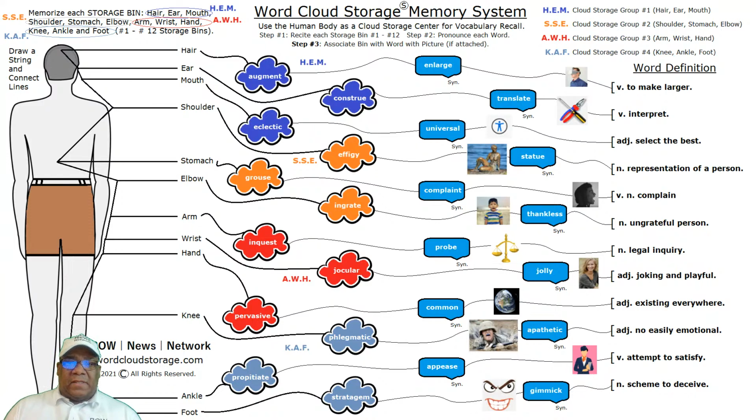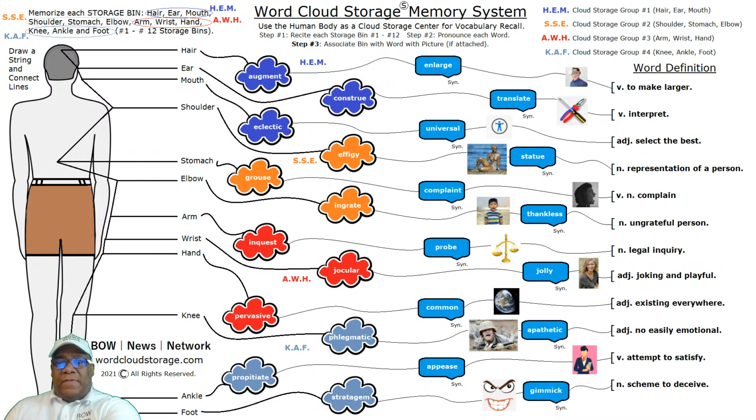Let's do a quick exercise and see if we can recall. We like to cover the left hand side, and if we can recall our blue, we have augment, and then we have construe, and then we have eclectic. Those are our three words in the blue group, and they are assigned to enlarge, translate, and universal.